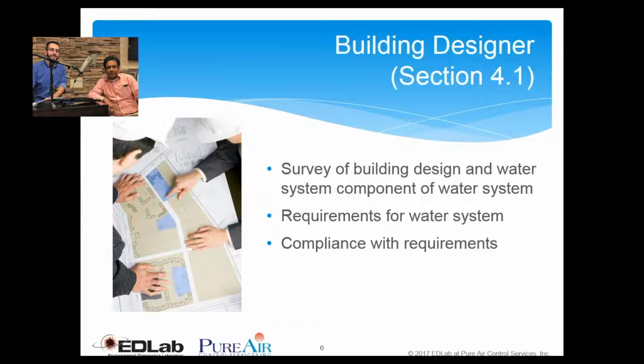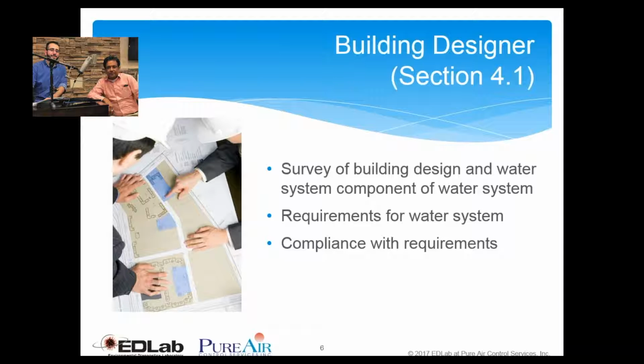Building designer basically talks about the survey of building design and the components of the water system. It describes that each new building and its water system should be designed and determined so that it does not have any kind of problem that can proliferate the growth of Legionella or include any element that supports Legionella.